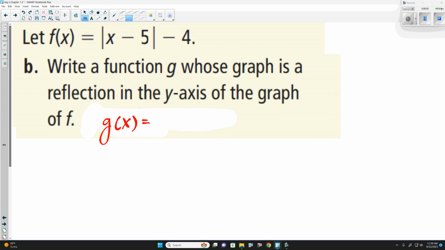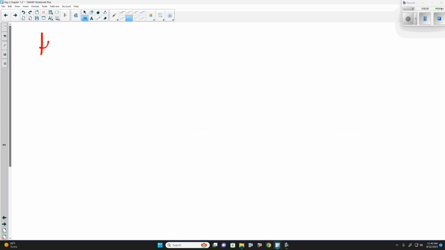Since it's inside for 13, it would be left or right, because inside the parentheses we're talking left or right. Outside the parentheses, our absolute value is up or down.